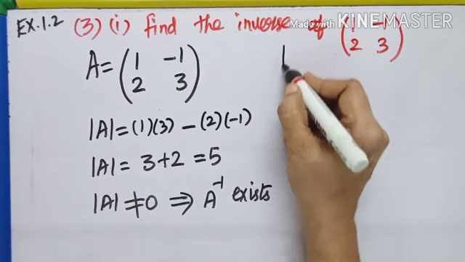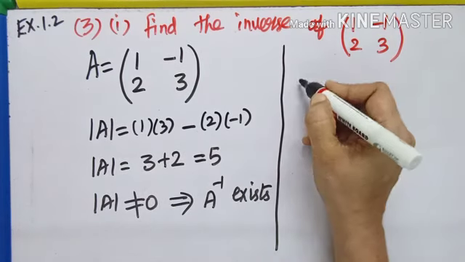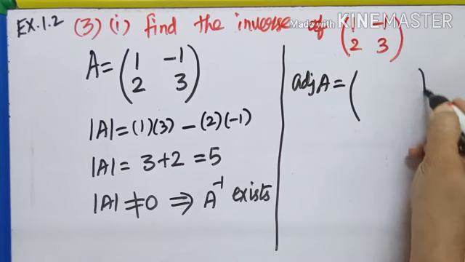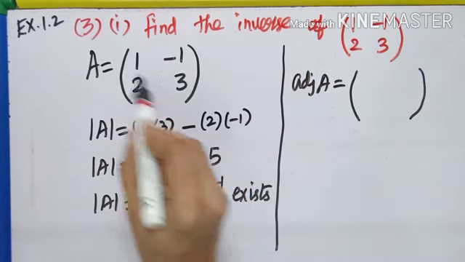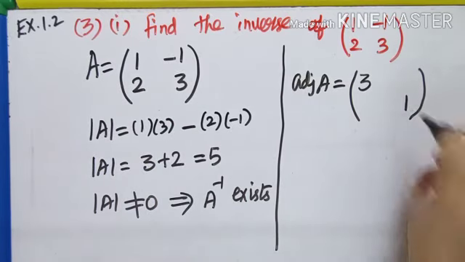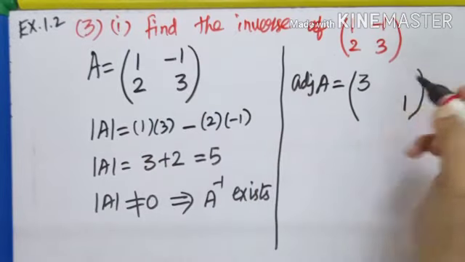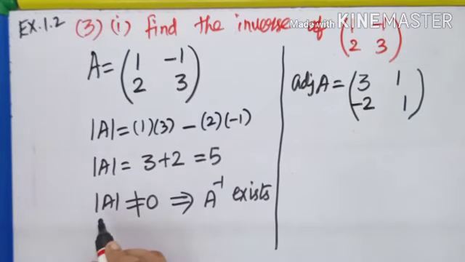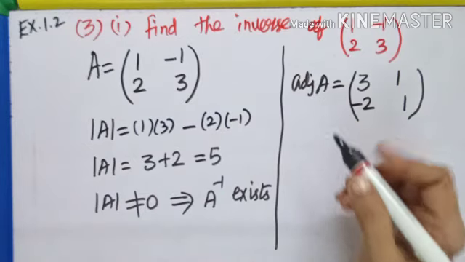The next step, find out adjoint of A. For a 2 by 2 matrix, we have a simple procedure, interchange. 1, 3 will now become 3, 1. Change the symbol. 1, -2. Now I know the determinant value, I know the adjoint.